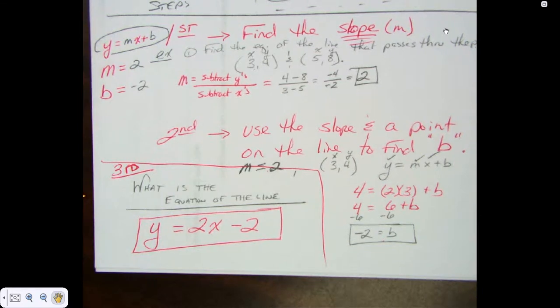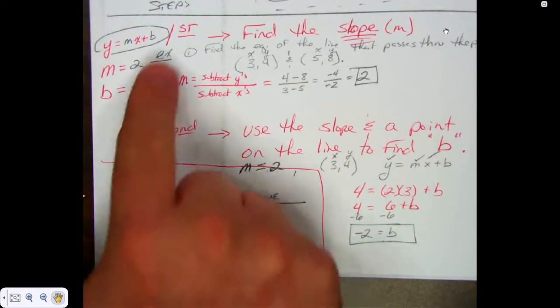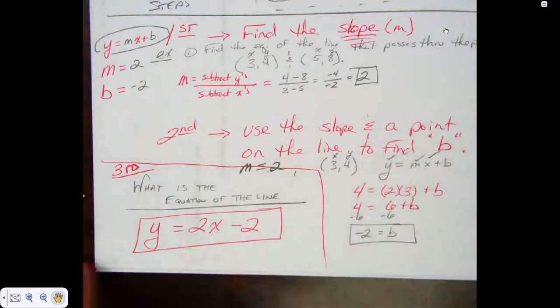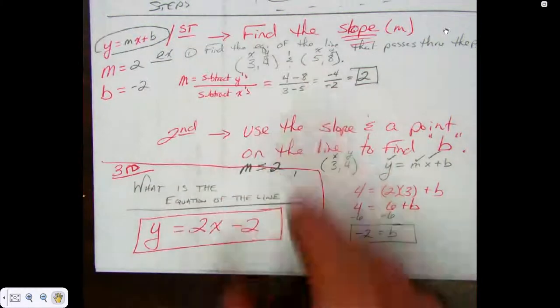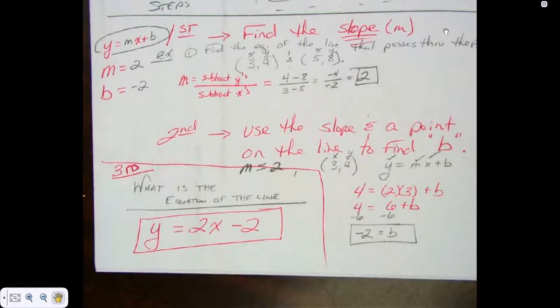Explain to me every step of what you're doing. It needs to look exactly like I did it here. You just don't have to write out the first, the second, and what is the equation of a line, and the third. But I need all that. Do it just like that. If you forget how you do it, guess what? It'll be online, won't it? You can watch me do this one again.